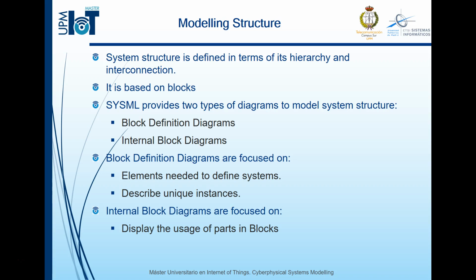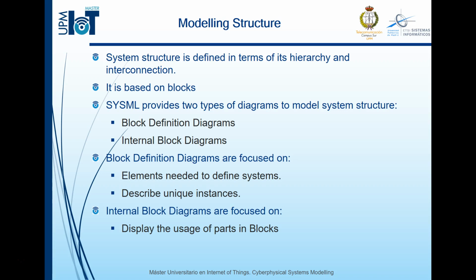Mainly, we presented more or less two different kinds of blocks. One is conceptual blocks. If you remember, I proposed an example, a swimming pool system with different subsystems and different components.